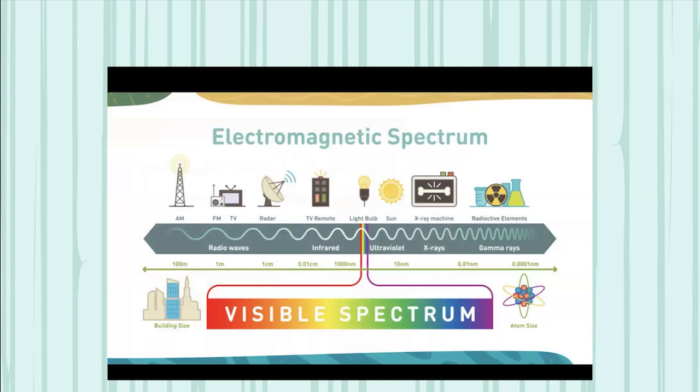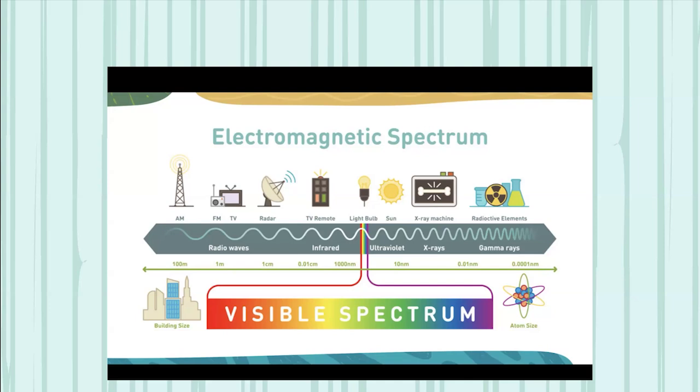So basically, first of all, I will explain a little bit about the electromagnetic spectrum, because this is the basics of our work. We have a visible spectrum over here. It starts about 700 nanometers up to about 1,000 nanometers.